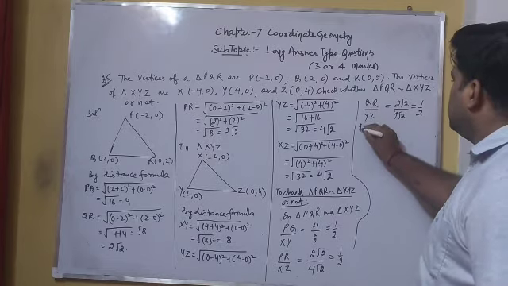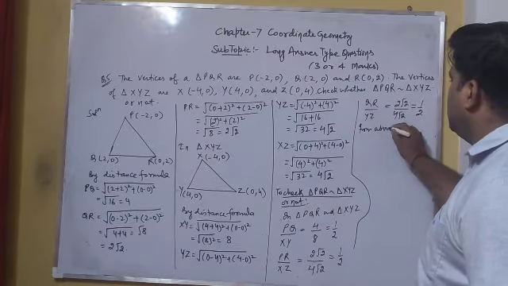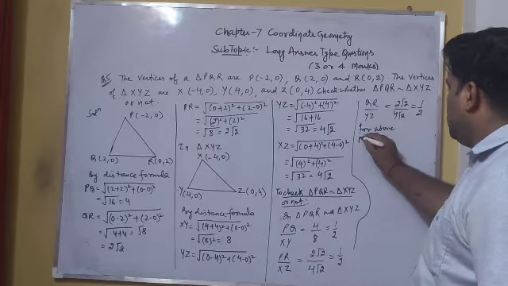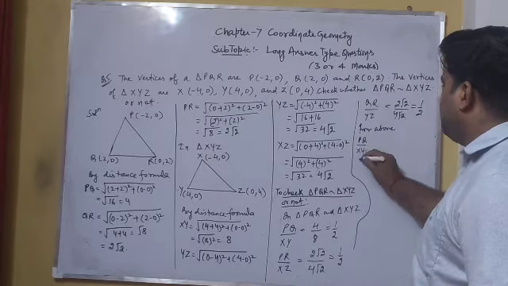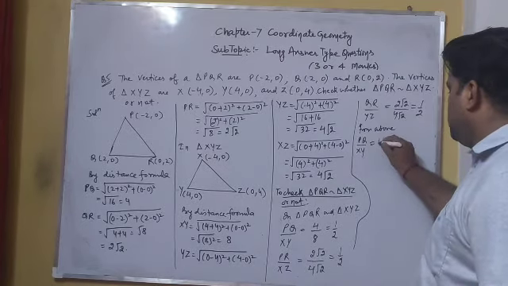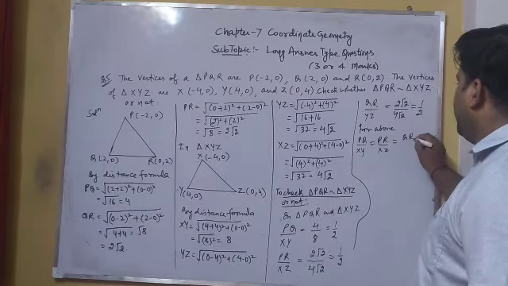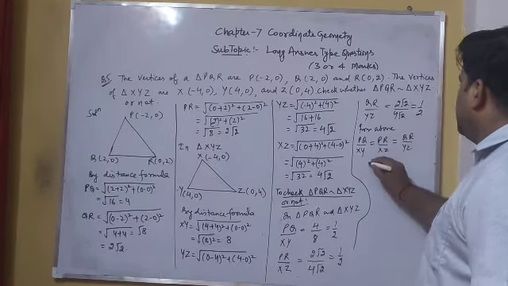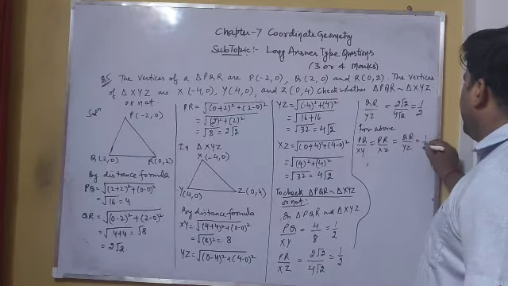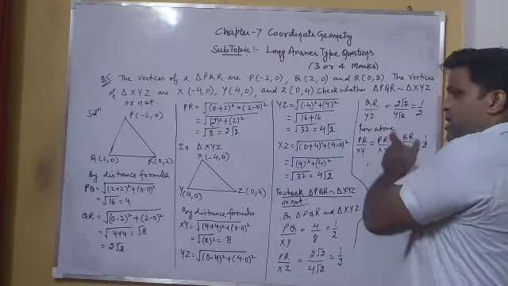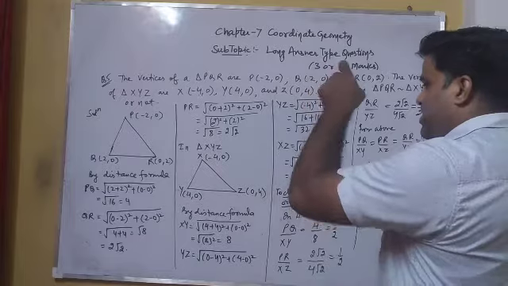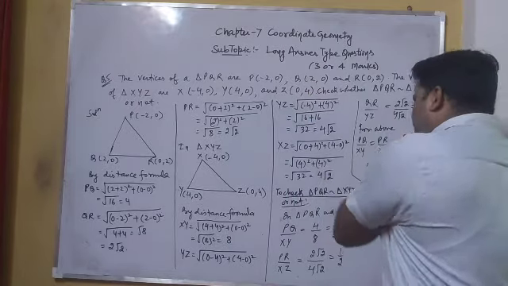So from above we get PQ by XY is equal to PR by XZ is equal to QR by YZ, which is equal to 1 by 2. The ratios of the corresponding sides of both triangles PQR and XYZ are equal.